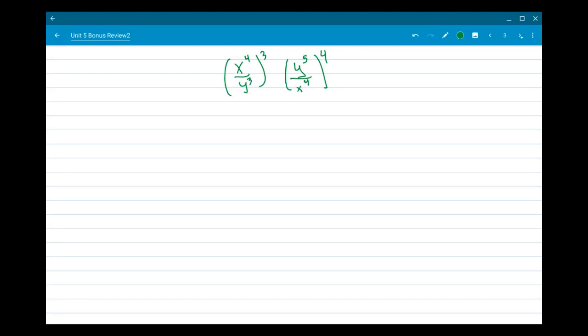So again, in this example, you would basically be distributing exponents, multiplying them. And then next, this is where I think it's helpful to just rewrite those as one single fraction, combine them together.